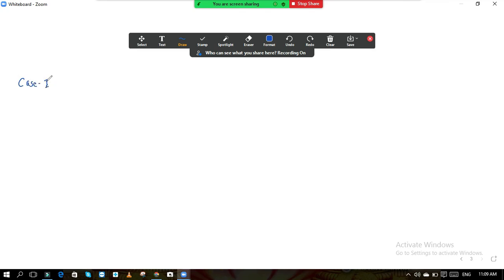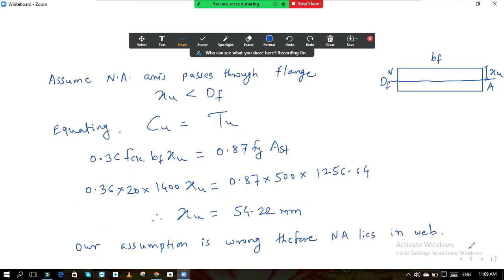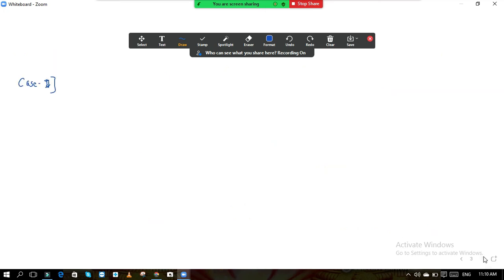Case number 1 fails, that is, our assumption is wrong in case number 1. Here I will say that this is our case number 1. Now when we move to case number 2, I will assume xu is greater than df, and df is less than or equal to 0.43 xu.